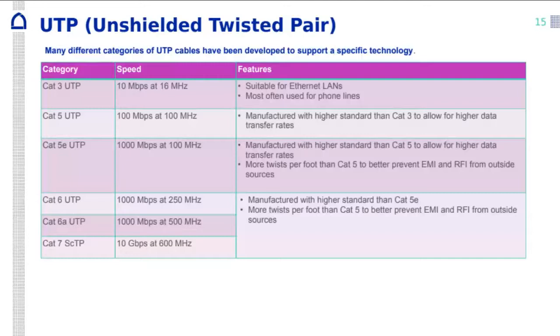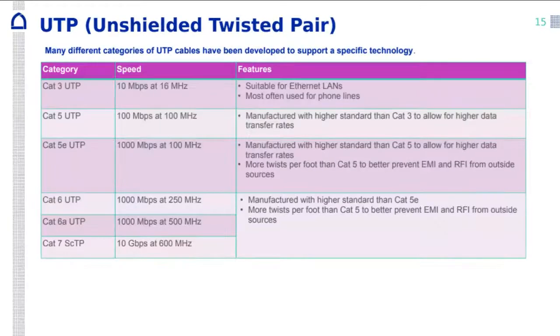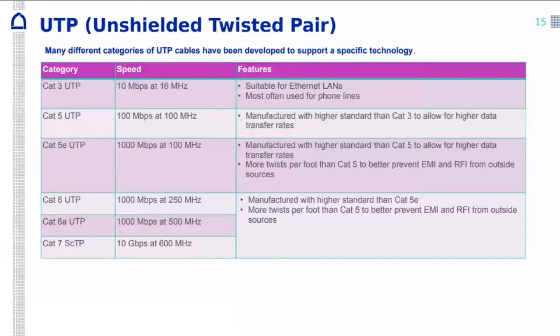This is a very good comparison between the types of UTP cables. We have Cat3. This is suitable for Ethernet LANs up to Cat7. You see the speed in Cat7, 10 gigabits. In Cat3, it was only 10 megabits. So you have to know the differences, please. Okay. Cat6, you can get 1 giga.